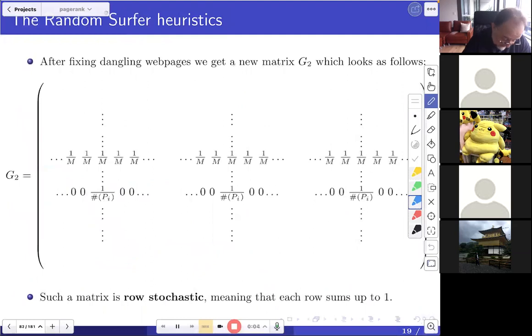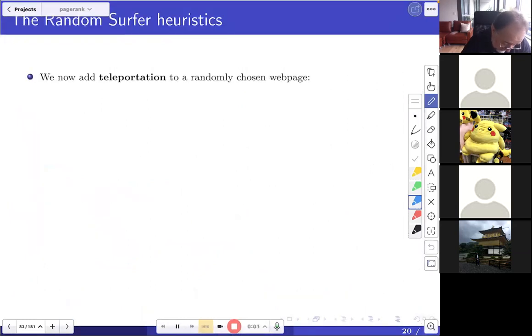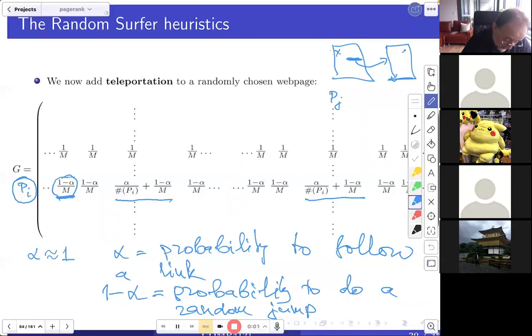So the upshot is that this is fixing the dangling nodes. And the second, when we add teleportation, notice all entries, there are no zeros anymore. So all web pages get at least probability 1 minus alpha divided by n to end up there by teleportation. And those that do have links on page Pi get the probability alpha divided by the number of outgoing links plus 1 minus alpha divided by n.